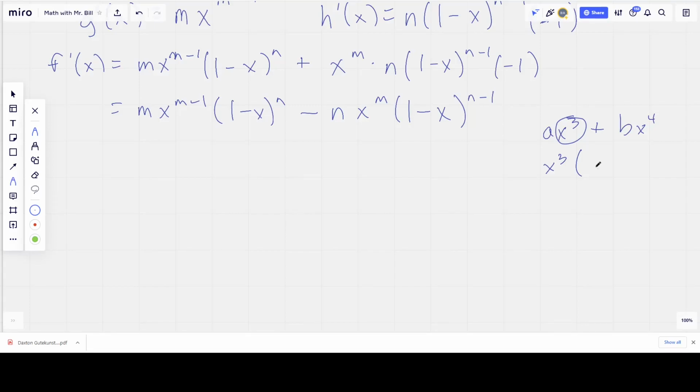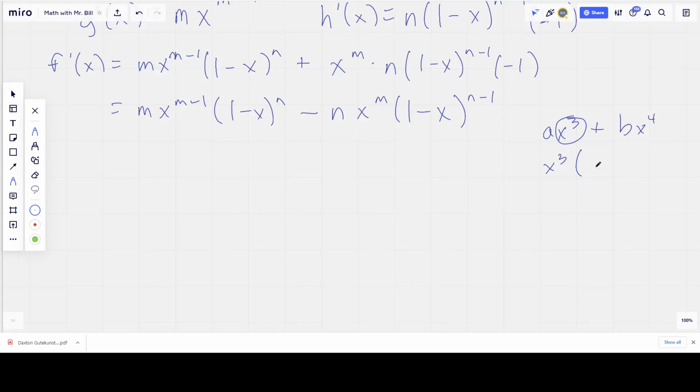When I look at the first term, I have an x to the m minus 1. And then if I look at the second term, I have an x to the m. So I can pull out the smaller of those two powers. I can pull out the x to the m minus 1. I could also pull out a 1 minus x to the something. And again, I want the smallest exponent because I know that that's going to be in common with both terms.